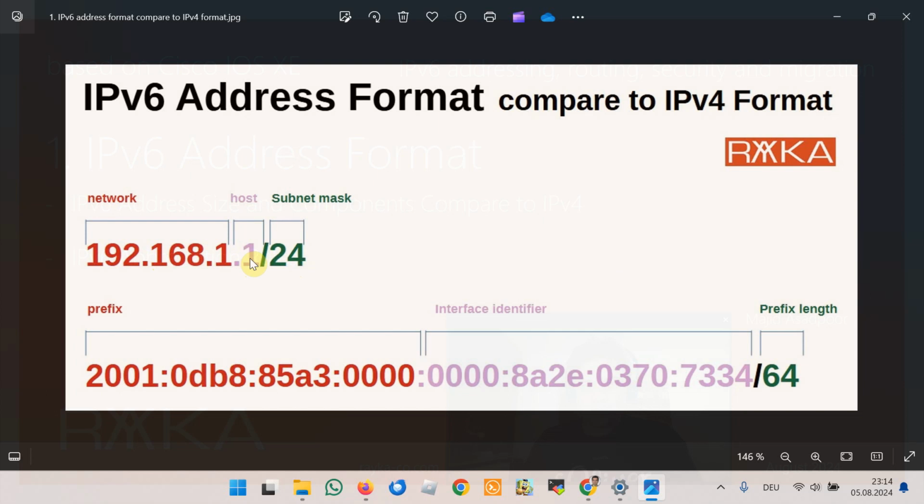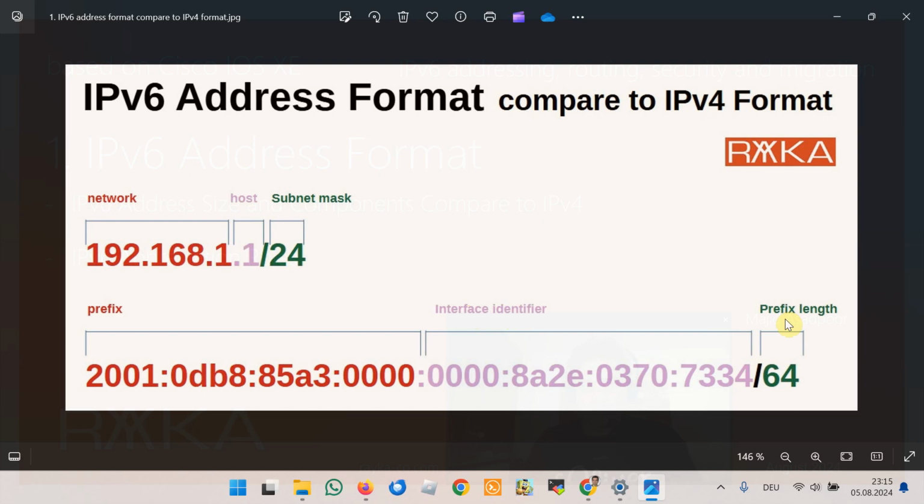The same concept applies to IP version 6, but with different terminology. The network portion in IPv6 is referred to as the prefix. The host portion is known as the interface identifier in an IP version 6 address, and the subnet mask is replaced by the prefix length.